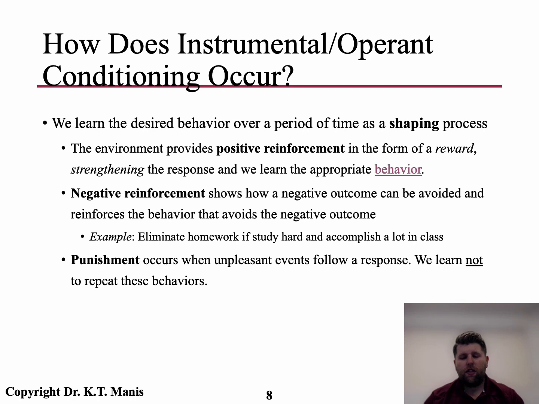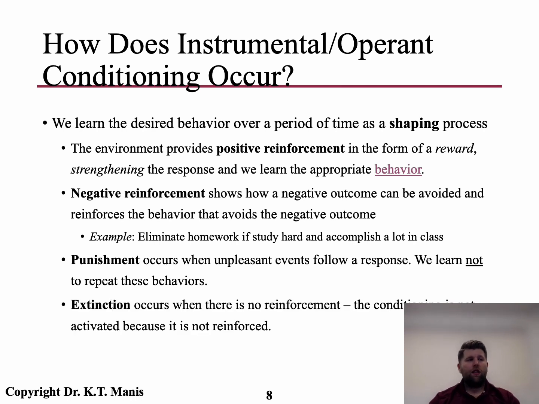So if the mouse doesn't press the switch, they're not going to get rewarded with the cheese. But if the mouse, say, doesn't press the switch, their punishment might be that they get shocked. So that's their punishment for not pressing the button. And extinction occurs when there's no reinforcement, and the conditioning is not activated because it is not reinforced. So reinforcement is necessary for conditioning to be activated.